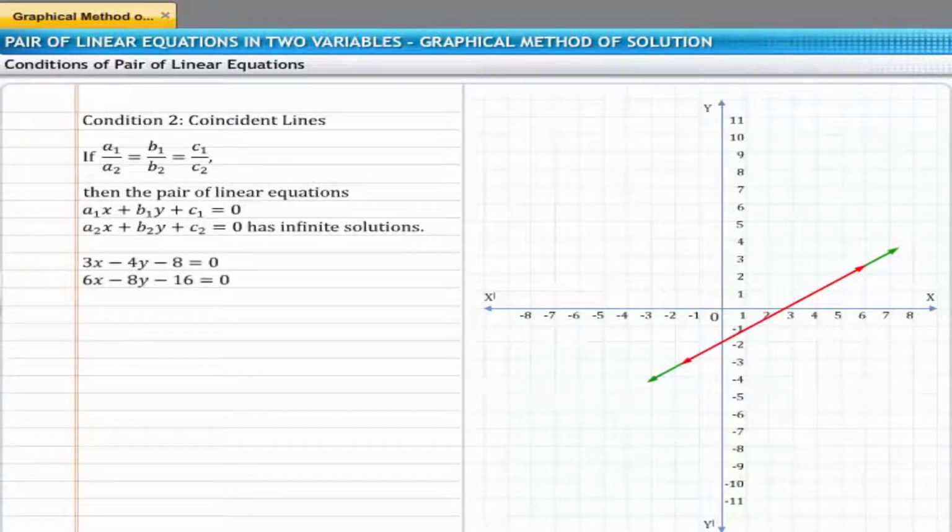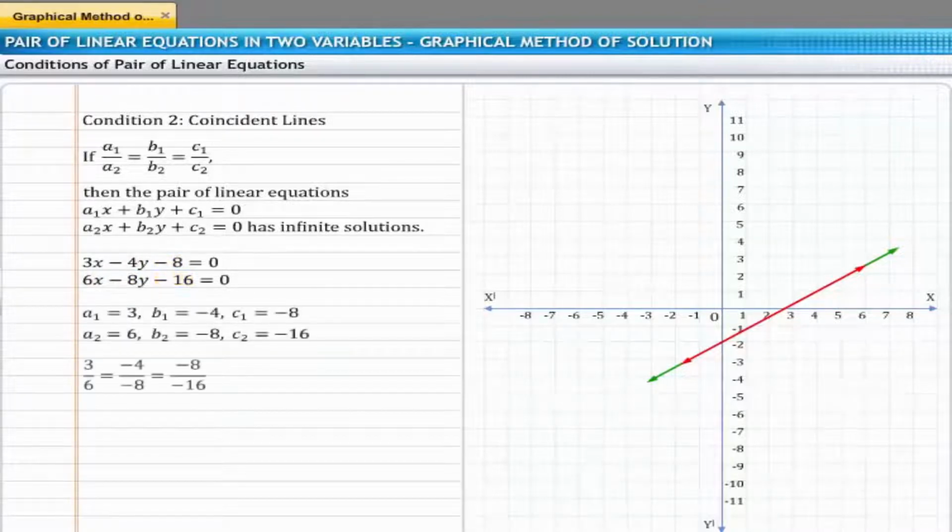On substituting the values of a1, a2, b1, b2, c1, c2 in the condition, you get 1 upon 2 is equal to 1 upon 2, which is also equal to 1 upon 2. This pair of linear equations have infinite solutions.